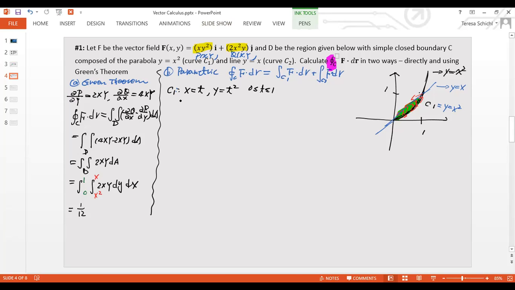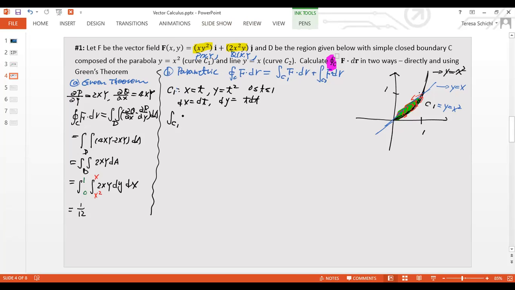Then dx will be equal to dt, and dy will be equal to 2t dt. Now let's substitute into the first one, C1.